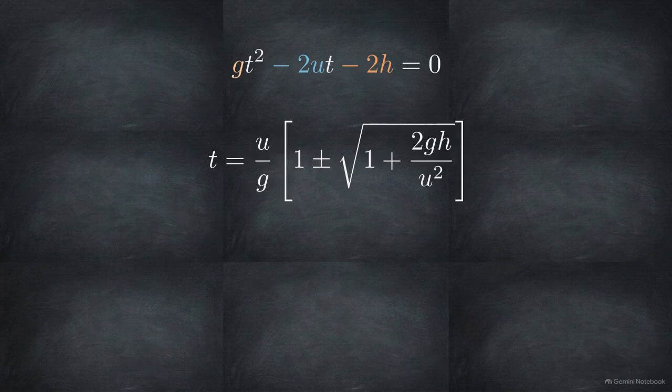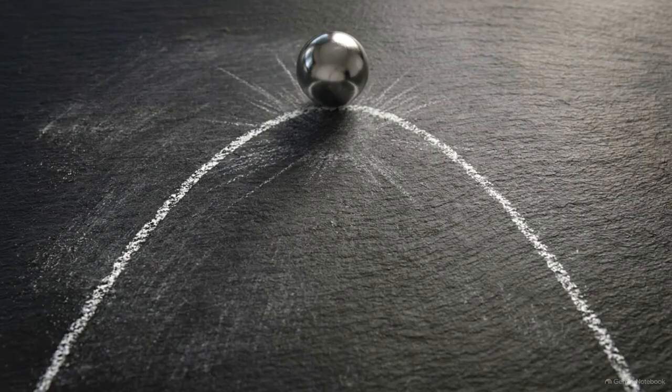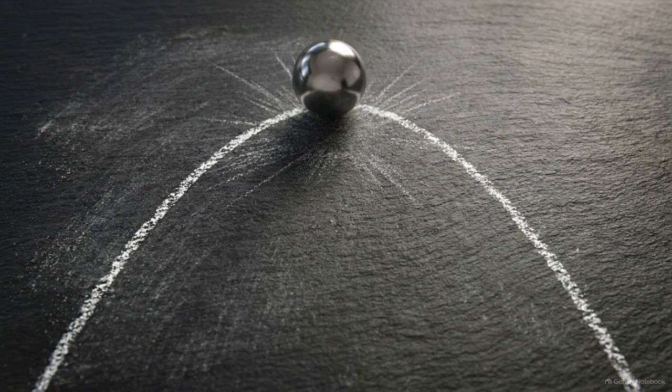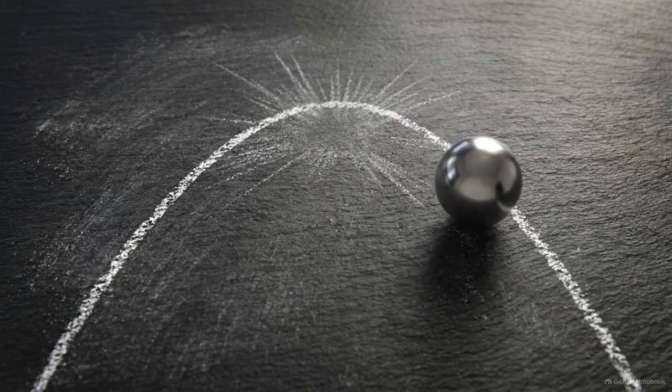This yields our final result for time. t equals u over g multiplied by the quantity of 1 plus the square root of 1 plus 2gh over u squared. We discard the negative root of the solution because time must be a positive value. The physical complexity of a direction reversal mid-air is perfectly captured by the mathematical necessity of a quadratic equation.